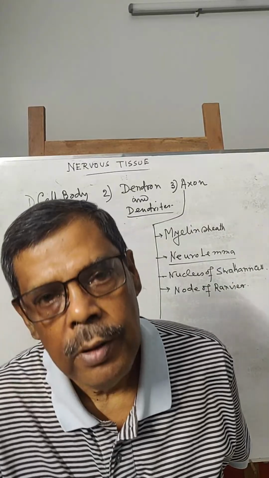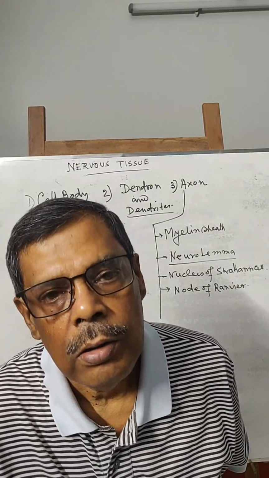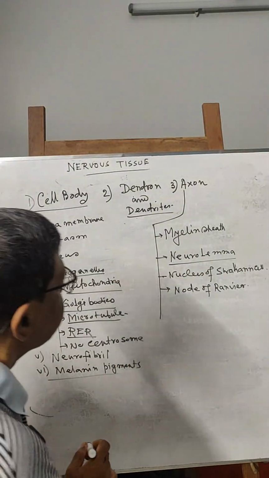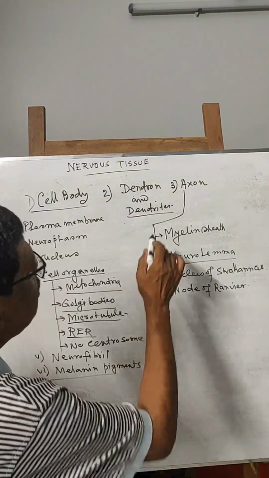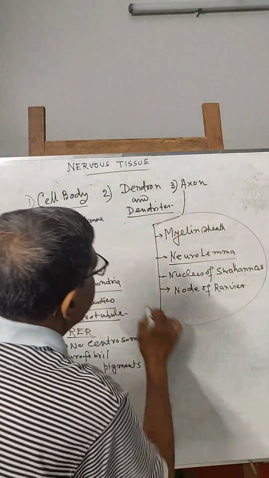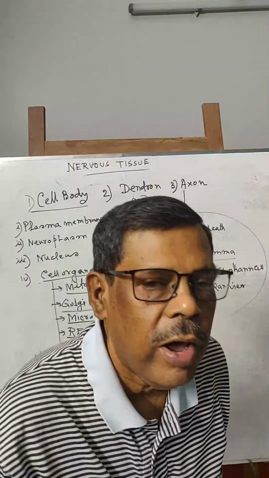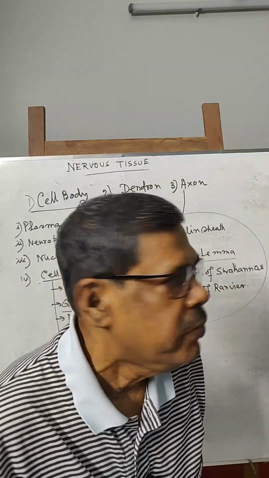This gap or node is called the node of Ranvier. Next, this is the membrane, the sheath around the axolemma.